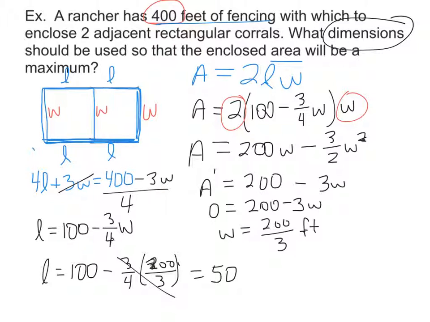So there we go. So if we want to know our maximum area enclosed, this whole length here would be 100, because there's 2 L's, remember. So this should be 100, and our width would be 200 over 3 feet.